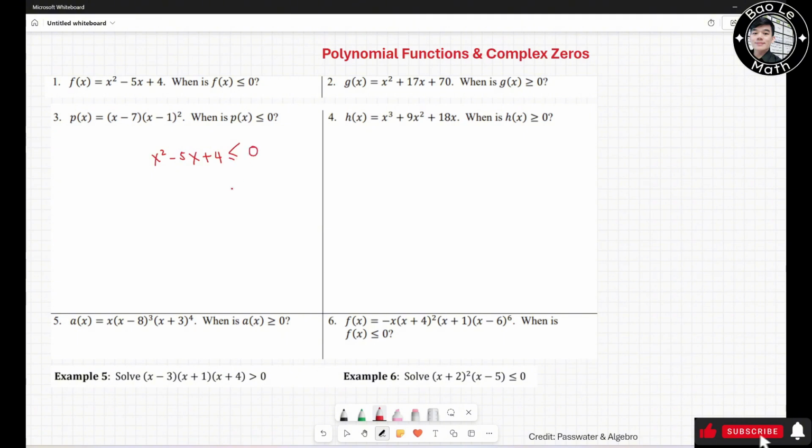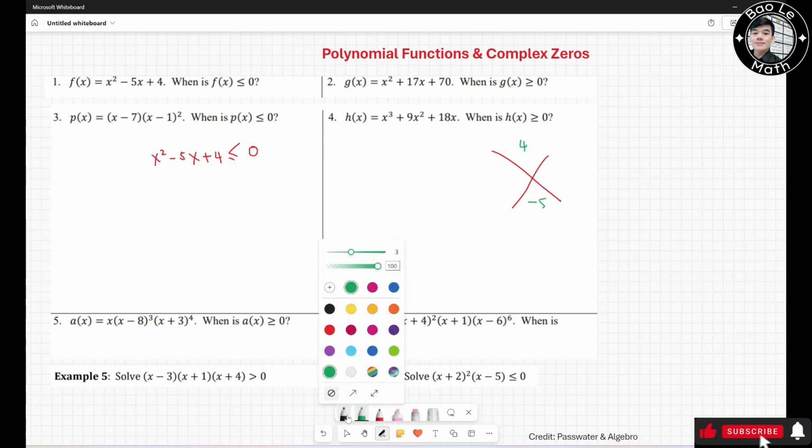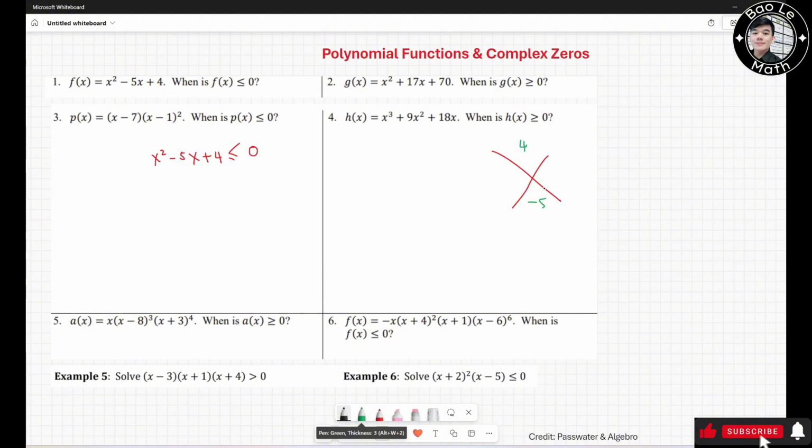The first thing you need to do is to factor this one, right? So in order to factor this one, I'm going to use the X method. Alright, so I'm going to put C right here, which means 4, and B right here, which means -5. I need to find two integers that multiply to 4 and add up to -5, which means -4 and -1, right?